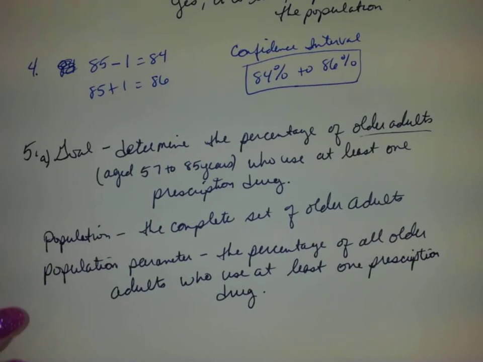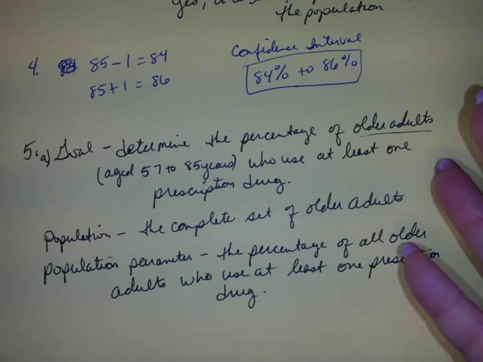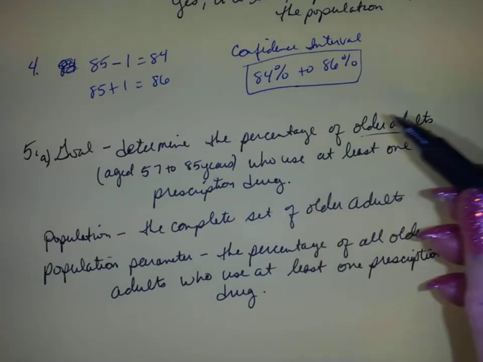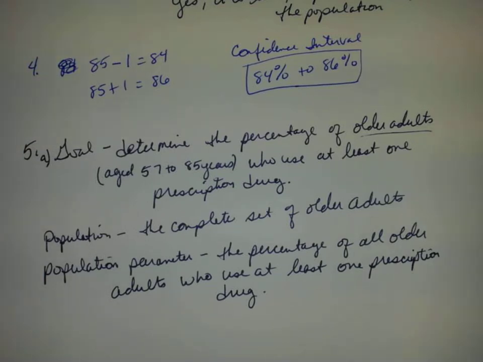Okay, so the population parameter is a little bit similar to the goal. The goal is saying that we're trying to determine it. We've got our population as the complete set of older adults, and you need that word older because it's not all adults, it's the older ones. And then the parameter comes inside that goal. Hey, this is specifically what we're trying to find.